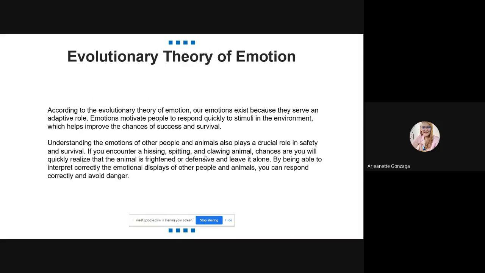Okay, next, we have the evolutionary theory of emotion. So sa evolutionary theory, it was proposed by the naturalist Charles Darwin. Kilala niyo naman si Charles Darwin, di ba? He proposed that ang emotions ay nag-evolve because they were adaptive and allowed humans and animals to survive and reproduce.